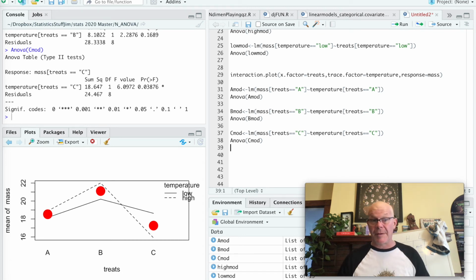We'd say, well, we ran this big model, we got a significant interaction term, and so we did subsequent ANOVAs to understand what was driving that significant interaction term.